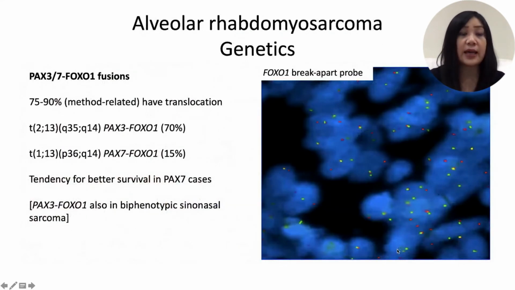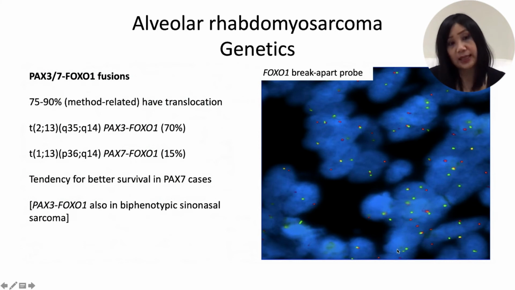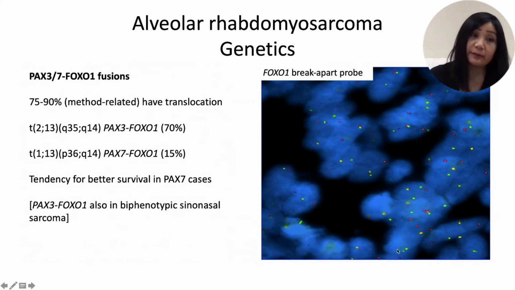Genetically, this tumour is defined by PAX3 or PAX7 fusing with FOXO1, and this has been shown in up to 90% of neoplasms. PAX3 is the more common finding. PAX7 is rarer. There has been a tendency for better survival in PAX7 cases, but this is not clear-cut.